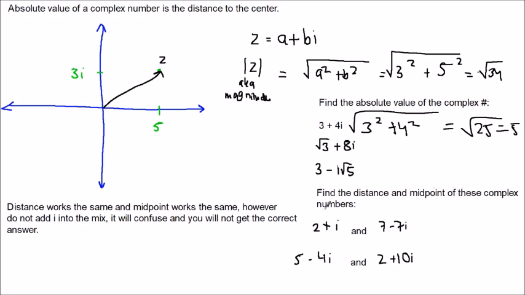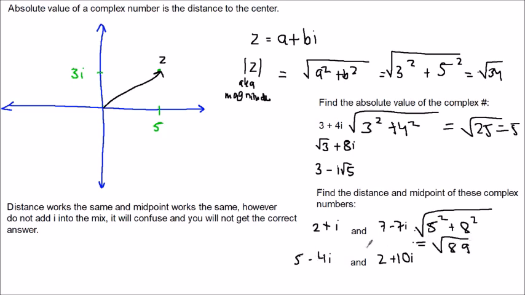So distance and midpoint work the exact same between two complex numbers when you have a and b. In this case, the difference between 2 and 7 is 5, so it will be 5 squared. And then the i parts, 1 and minus 7, and the distance between them is 8. 8 squared and 5 squared will be the square root of 89.